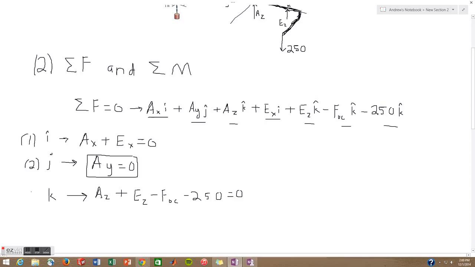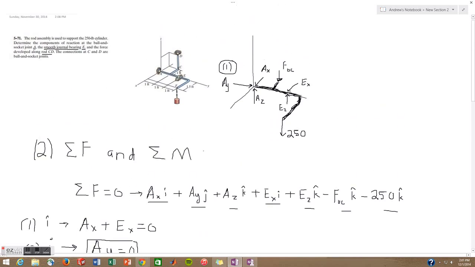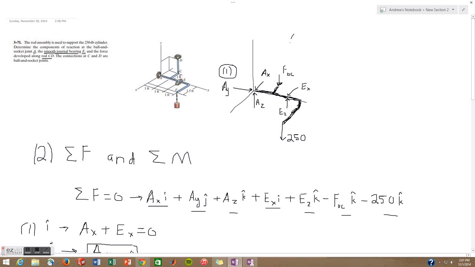Since we did these things, we have 3 equations. But keep in mind with our force diagram, we have 6 unknowns, so we want to eventually get to 6 equations in order to solve for the 6 unknowns. Now we'll do the sum of the moments.